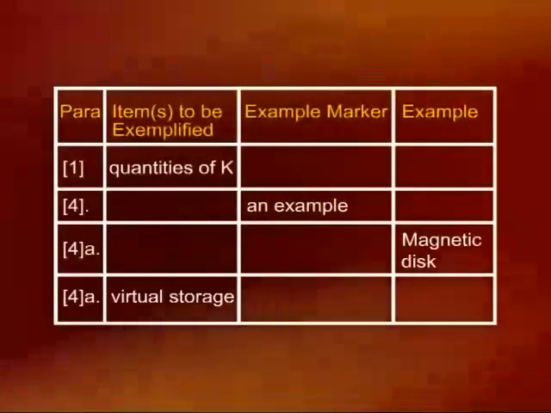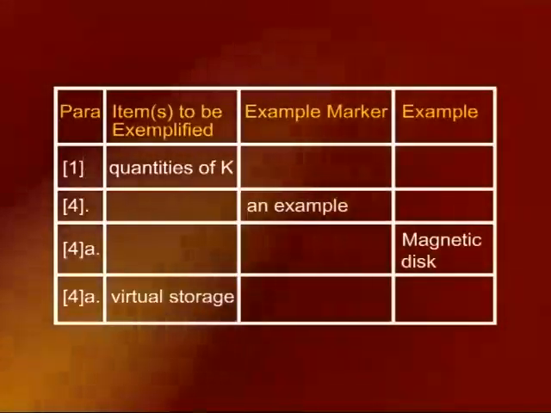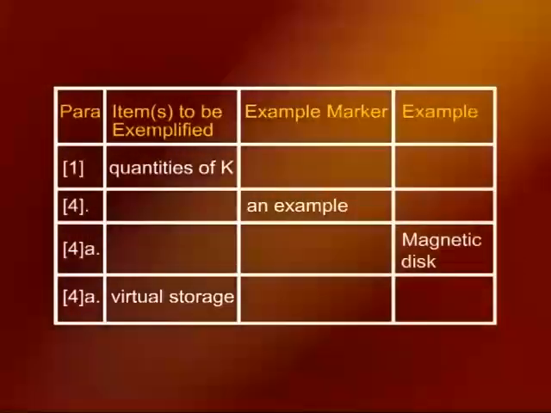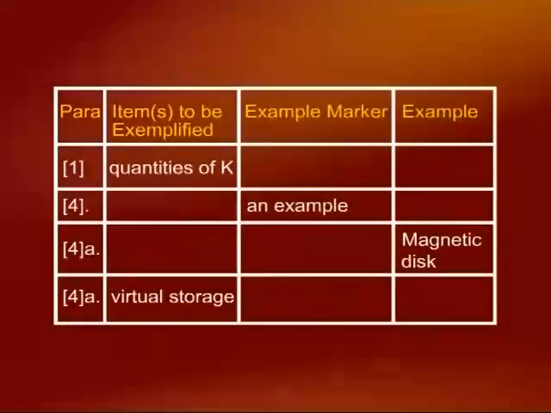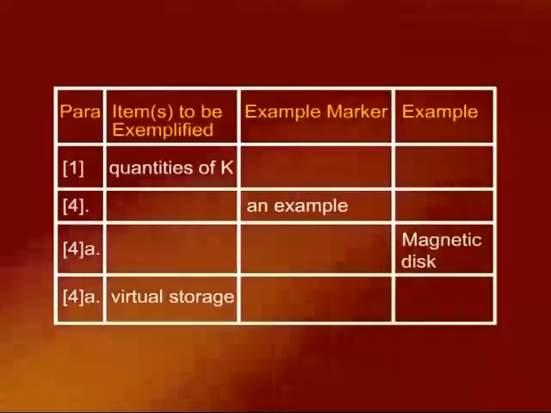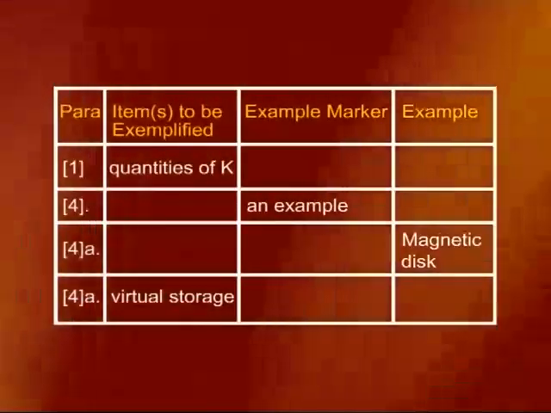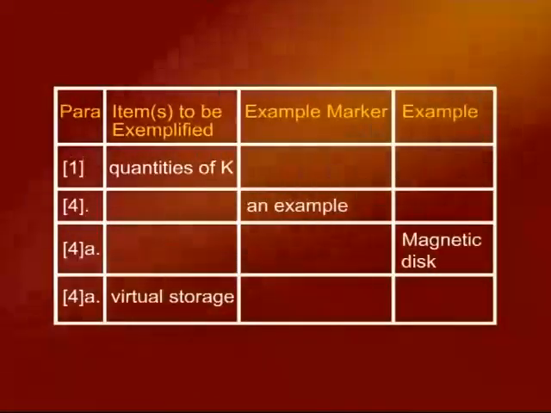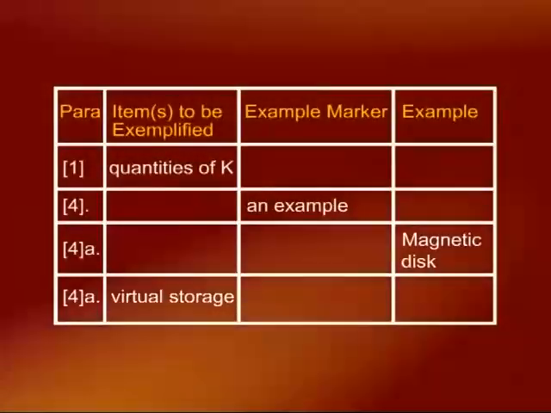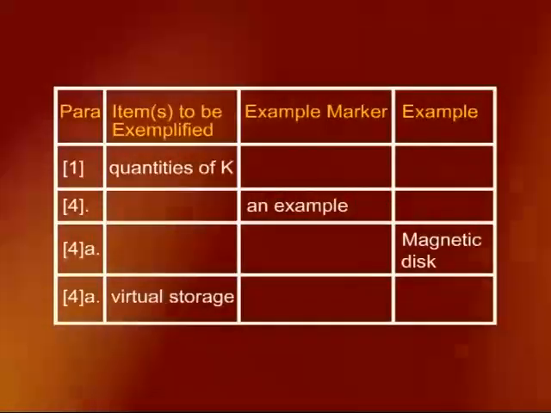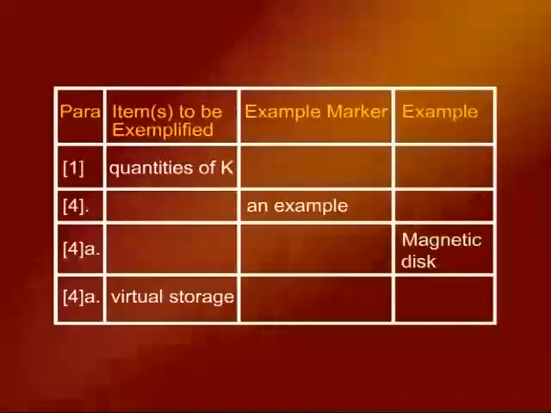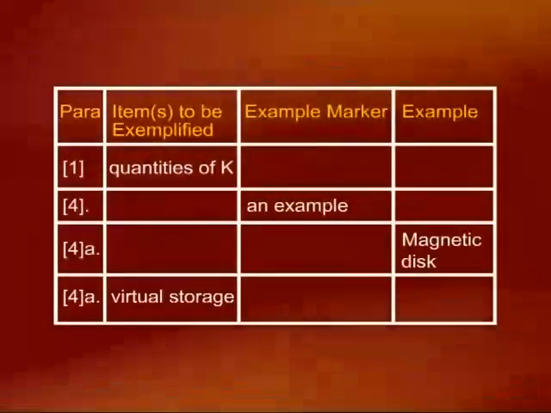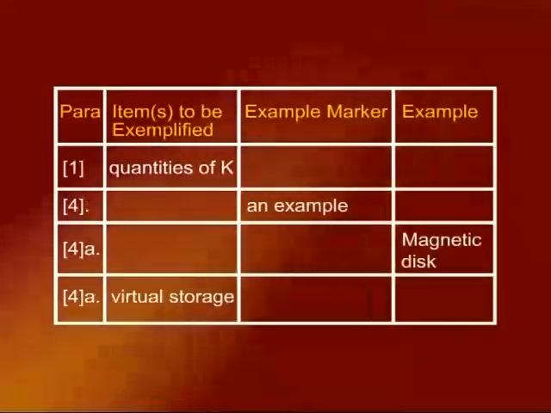One is the item to be exemplified. In some, the items are given to you. In some, you find the example marker that has been used. The marker meaning example. And then you have an actual example.